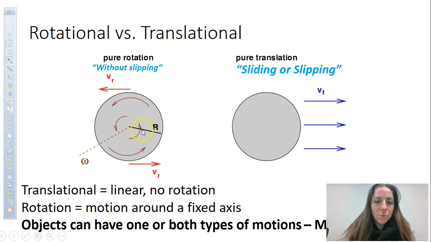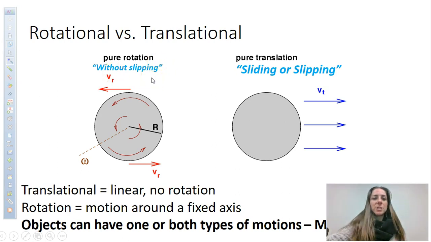Of course, we're going to have mass that's outside or inside this axis of rotation, so we're going to use the concept of radius to help us with that. Generally when we talk about rotating objects, you're going to have some sort of radius r. Now, when we say pure rotation, you're going to see the term without slipping.